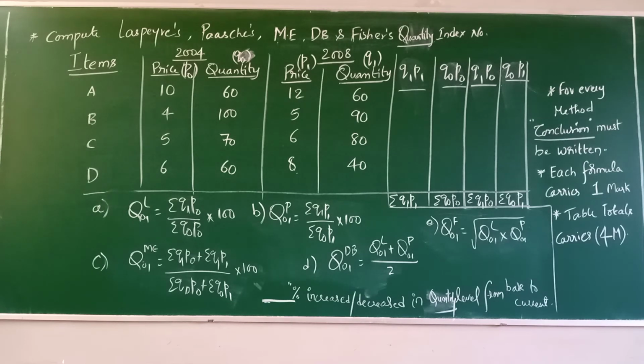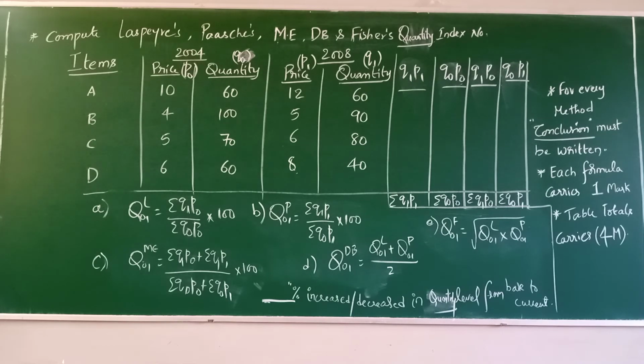When you are writing the formula, instead of substituting the answers, the 100 will be taken as common, both for Dorbish-Bowley and Fisher's. But in Fisher's, the 100 should not be under the root, remember, because the square root of 100 square will become 100. So 100 should be taken outside.